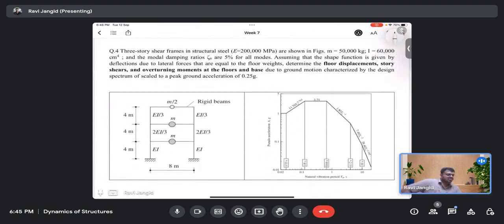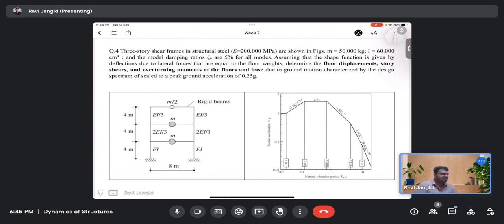In this question, we have the same kind of question, but in your assignment I think the EI is the same for all the stories. Here we have different EI. So a three-story shear frame in structural steel, for which E is given as 200,000 MPa, and the mass is given as 50,000 kg.